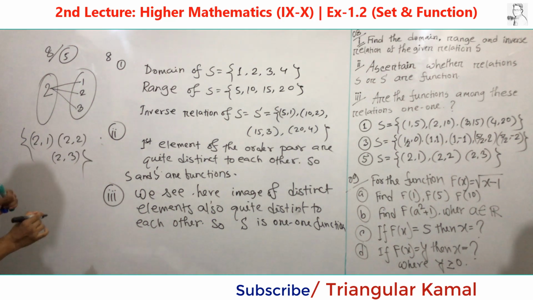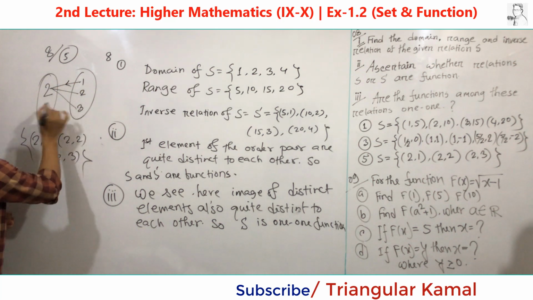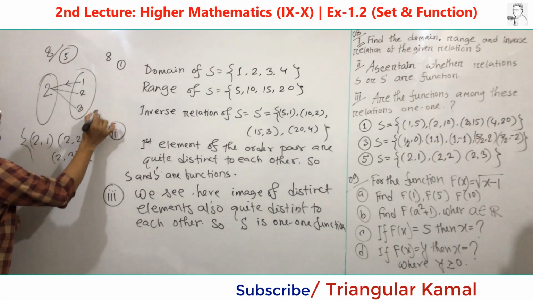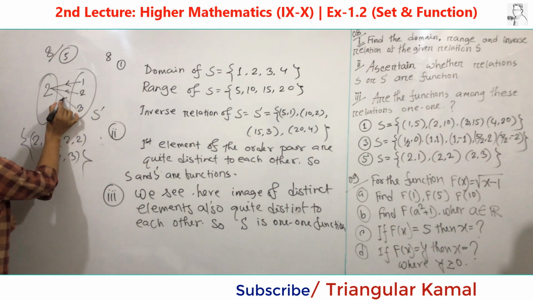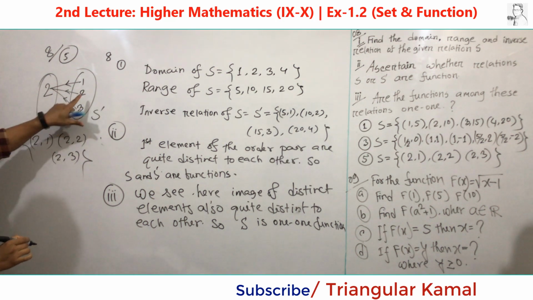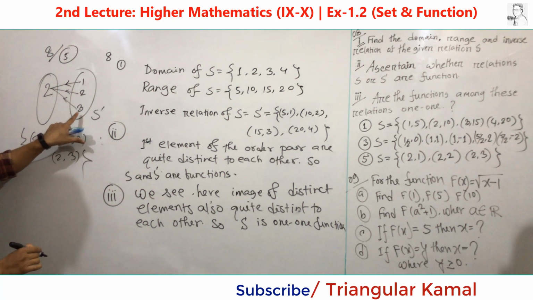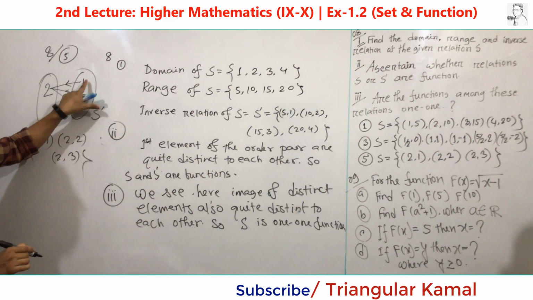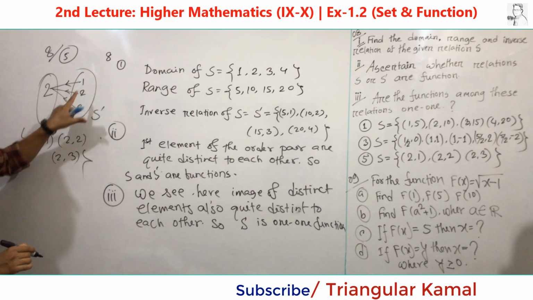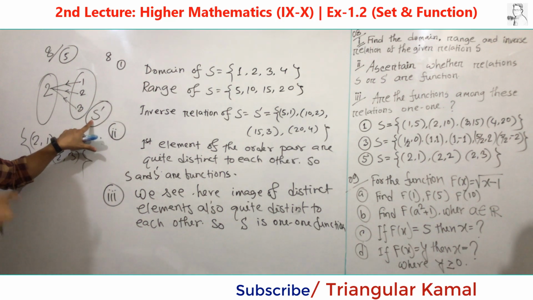But when we convert to its inverse, this one will be a function. If we convert to its inverse, 1 to 2, 2 to 2 and 3 to 2, then the domain of the inverse function is 1, 2, 3 and there is no repeating term in the domain of the inverse function. That's why this one will be a function. Is S prime 1-1 or not?